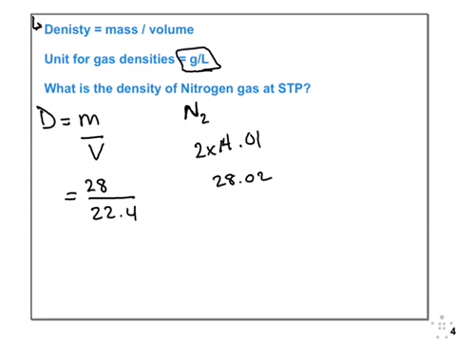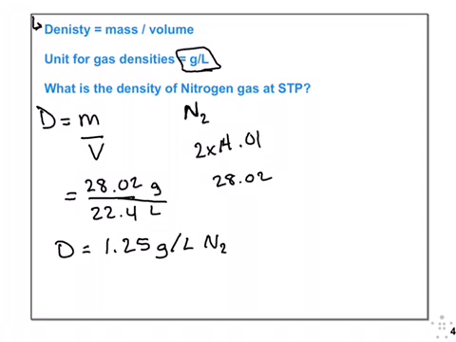You plug it in right here, 28.02. And our density, this is grams over liters, so that works correctly. 1.25 grams over liters of nitrogen gas. You could throw this into a train track if you wanted to, or you can just use your formula. I don't care.